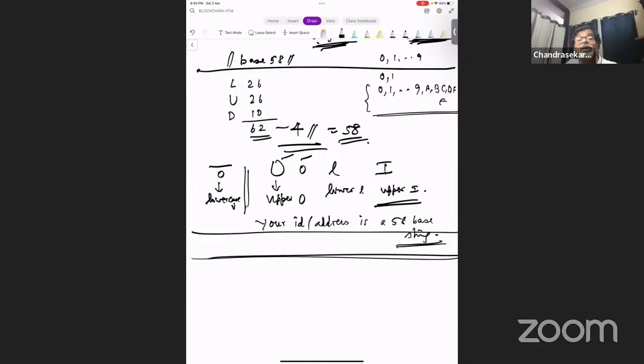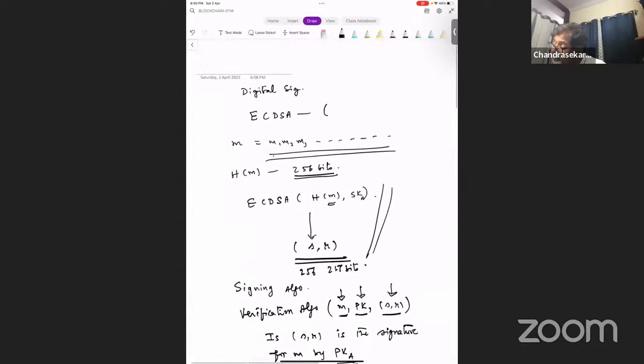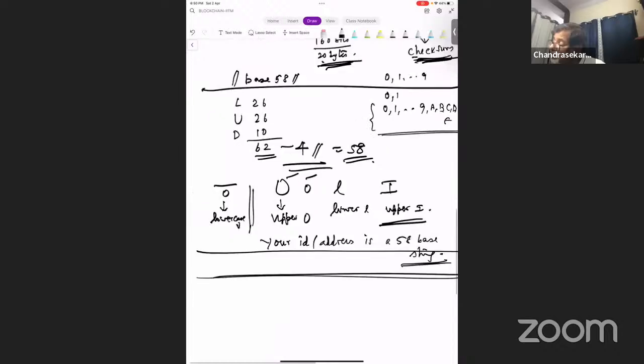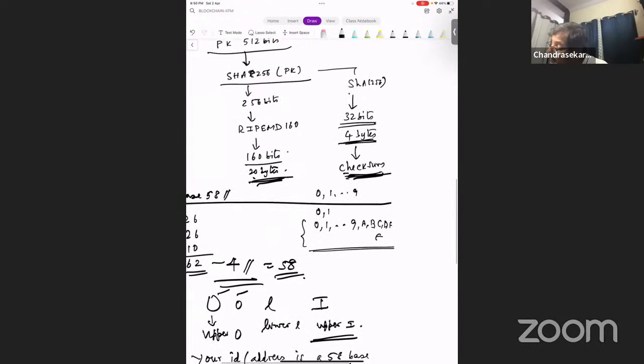But for the checksum, we are going to take only 32 bits. The output will be 256 bits. Pick the first 32 bits. Very simple. SHA-256, you apply twice. First you apply SHA-256 on your public key. Again you apply SHA-256. Take the first 32 bits, only 32 bits.